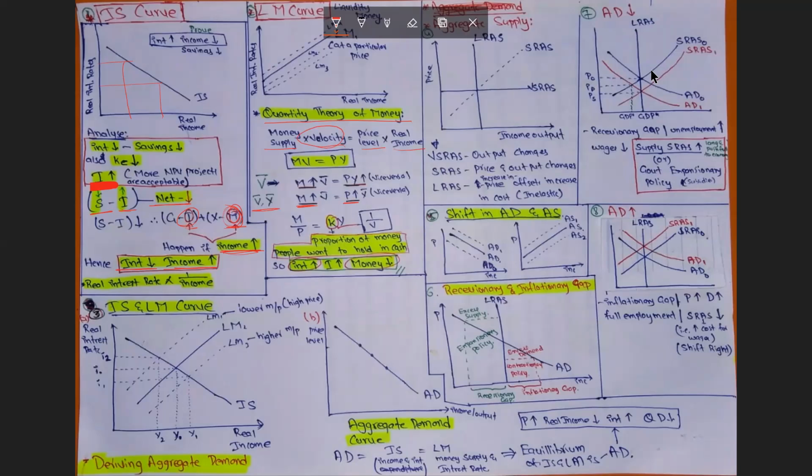K is also called 1 by V, or 1 by velocity, the proportion of money people want to hold in cash. So when price increases, the real income will decrease. But when price decreases, the real income will increase for the people. So when interest rate increases, people don't want to hold cash because of the opportunity cost, they will lose the interest opportunity.